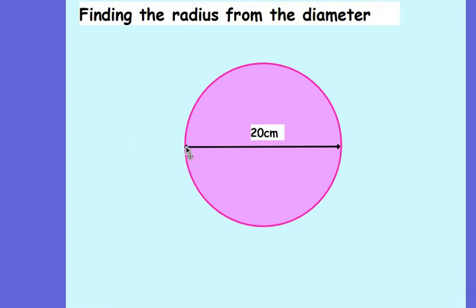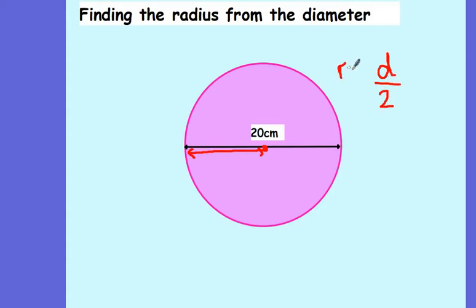So if I was given the diameter, which is the distance all the way across, and I wanted to find the radius, which is halfway across, what would I need to do, Lily May? Exactly, I'd need to divide my diameter by 2.